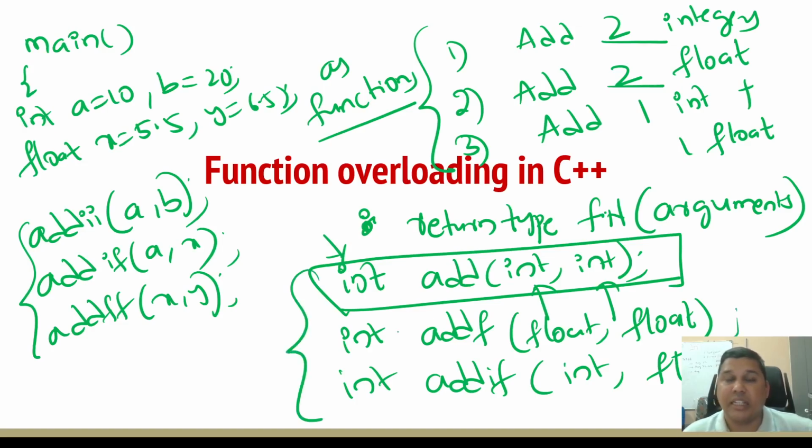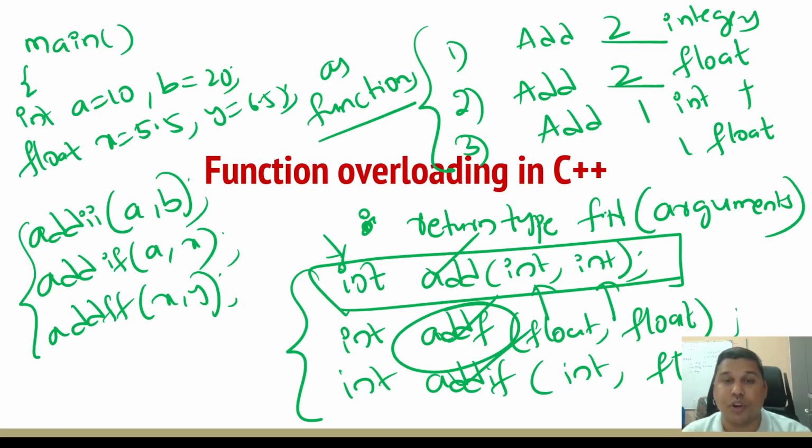So what is happening? The length of the program is increasing. But how do we differentiate? This is add, this is add if, this is add f. Like this, I have so many add functions. Names of the functions begin with add, but I am unable to differentiate which function is used for which process.